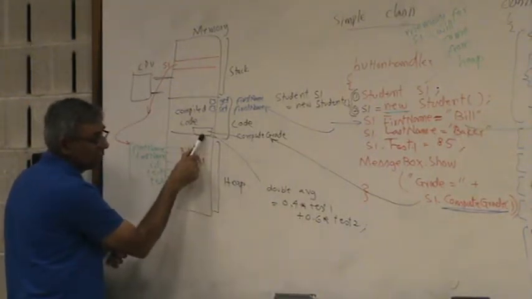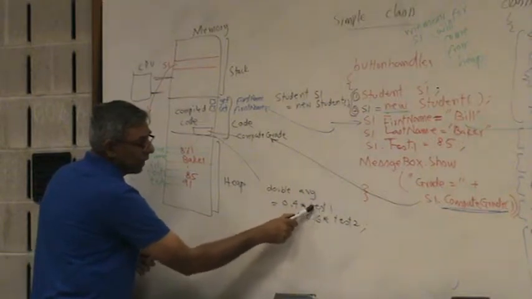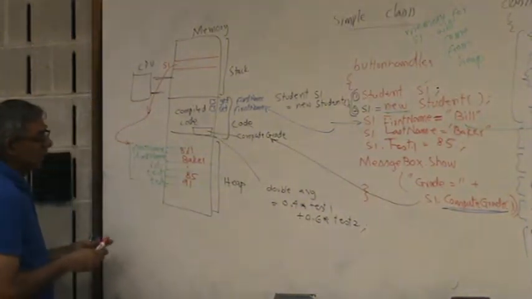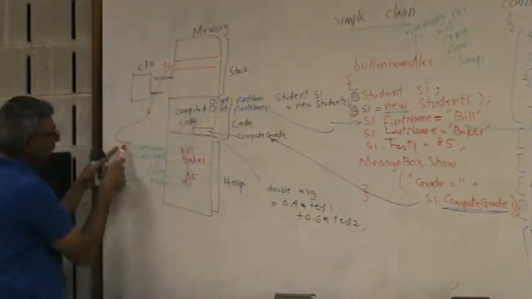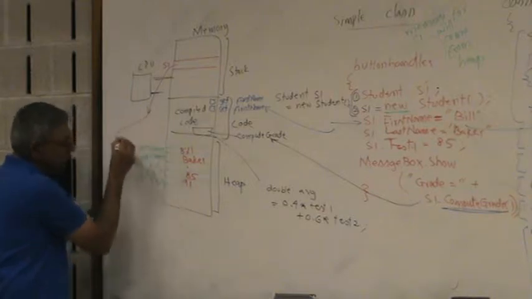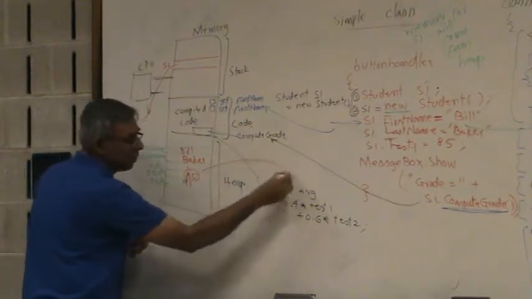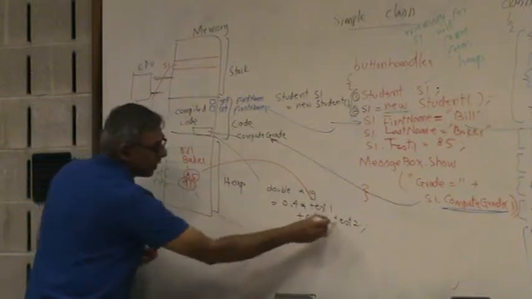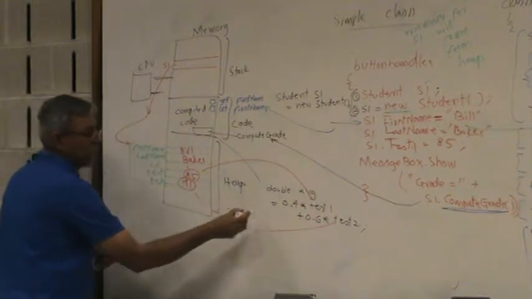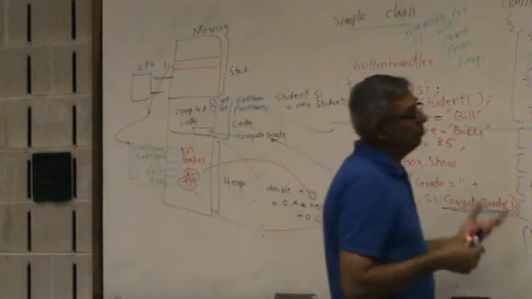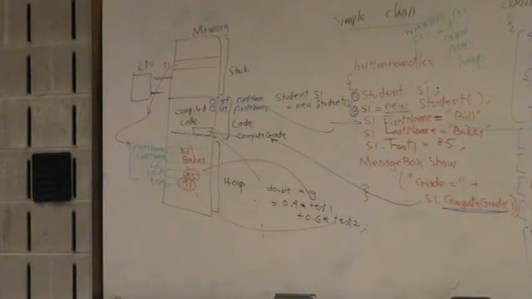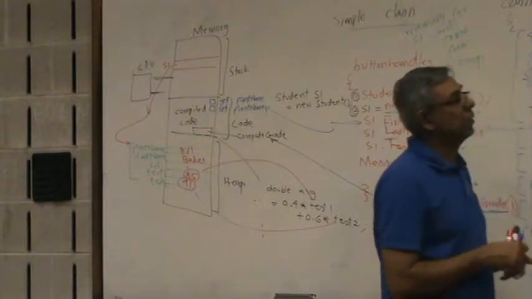as we are calling this compute grade function, where will the computer read the value of test1 from? Because we called it through S1, and S1 is pointing over here, it will go S1 dot test1, and read this over here. Then compute the average and make a decision to assign a grade, okay? So to summarize, all simple types of variables such as int, double, character, byte, where do they get stored?